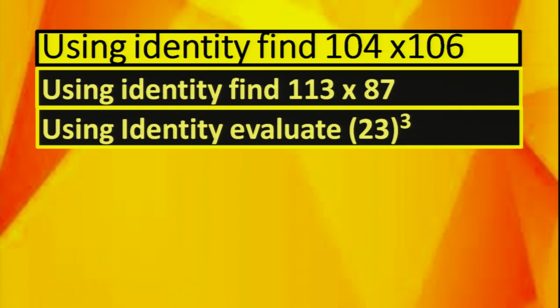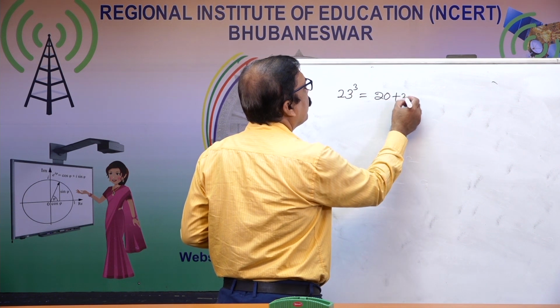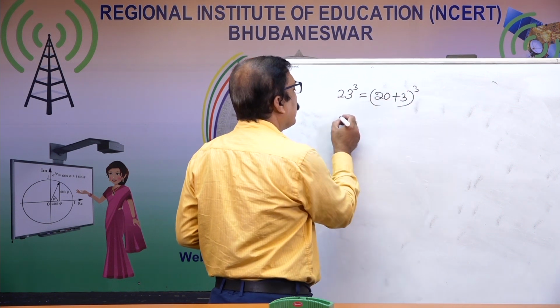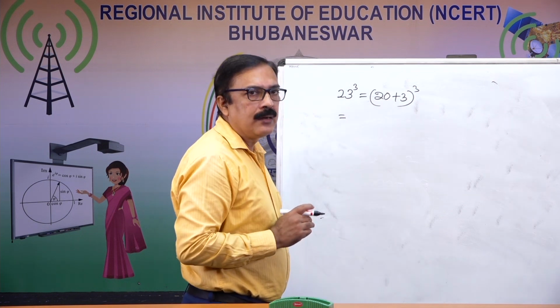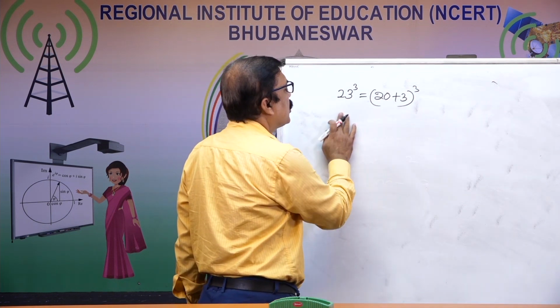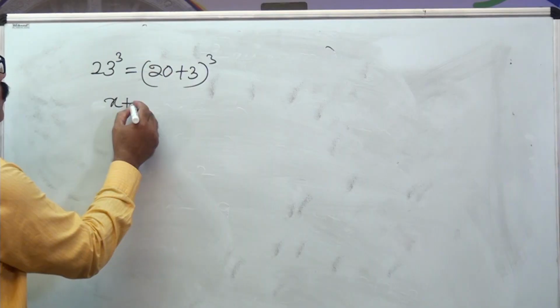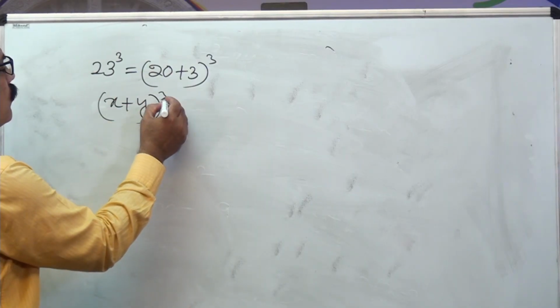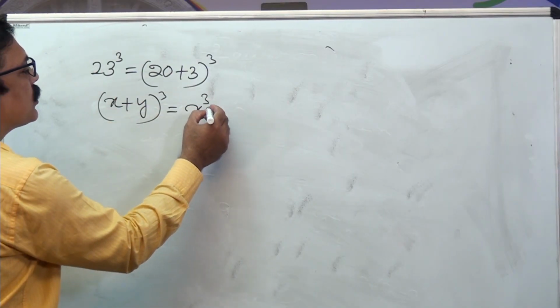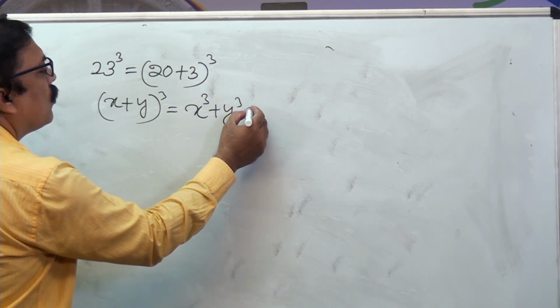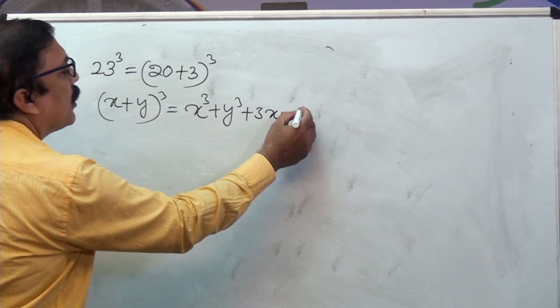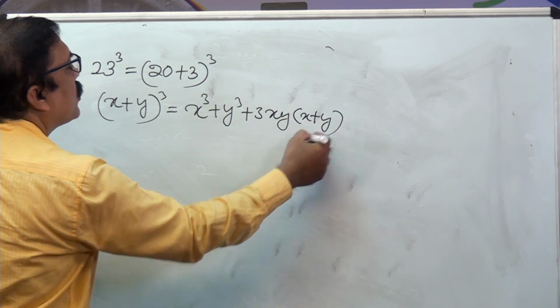What type of identity is to be used here? 23 cube is the same as 20 plus 3 whole cube. Here this is the x plus y whole cube form, which gives x cube plus y cube plus 3xy into x plus y.